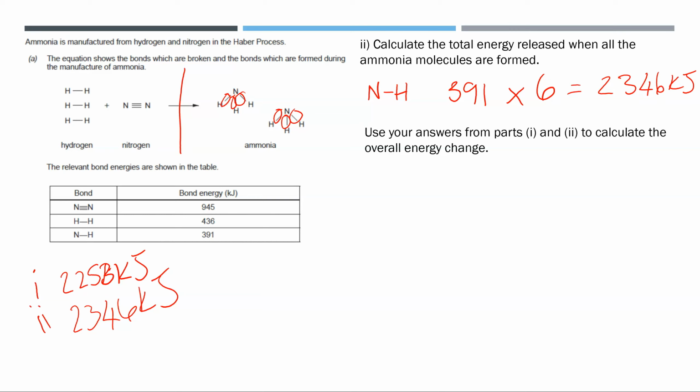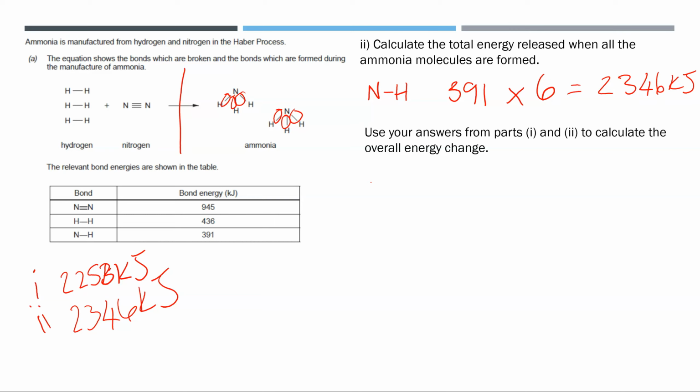There's an endothermic part where the energy from the surroundings is absorbed so that you can use that energy to break all of the bonds. So those atoms can then be rearranged to form a new product, and when the bonds are formed, that energy is released. So we want to know overall whether it's an endothermic or exothermic reaction.